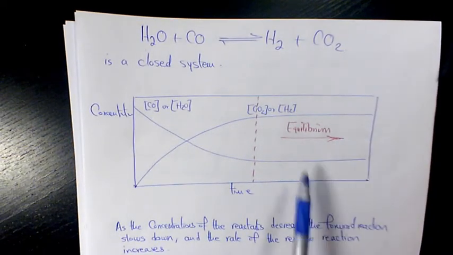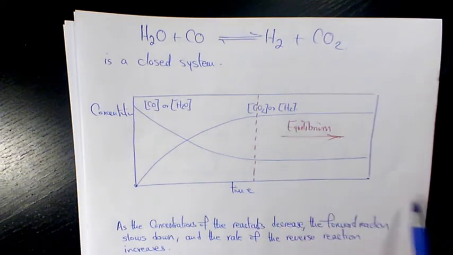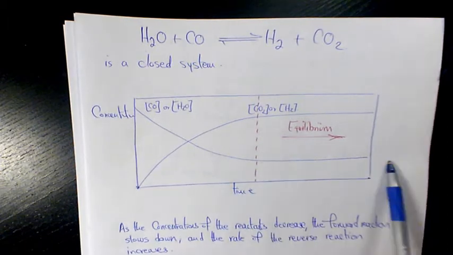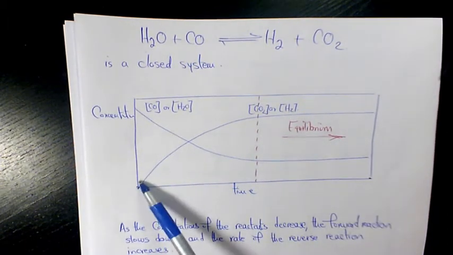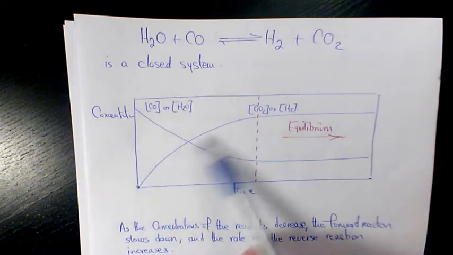Once we get to equilibrium, the concentrations of reactants and products are not changing at all and remain constant. Again, the concentration of reactants is decreasing and the concentration of products is increasing over time until we get to the equilibrium condition.